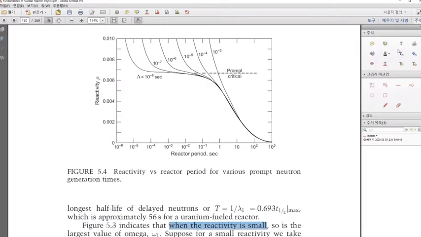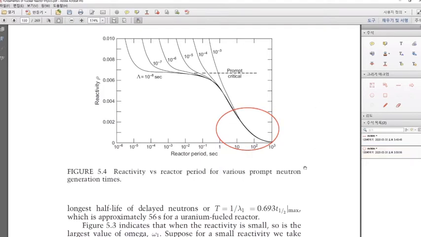Here what we can observe is that in this region, when reactivity is not that big, in other words, when reactivity is small, the reactor period is not significantly affected by the prompt generation time. So the question is whether we can derive a specific relation for the case when reactivity is very small.